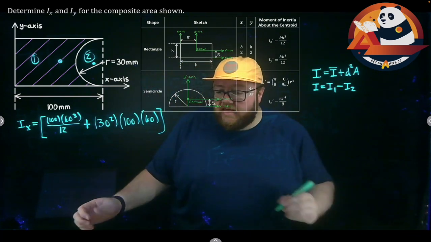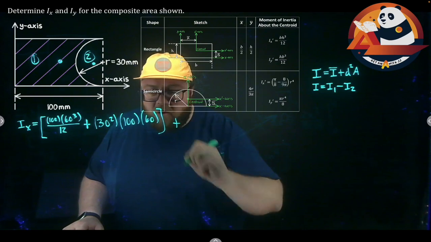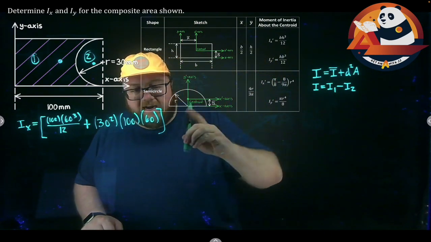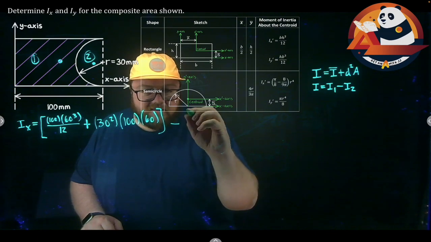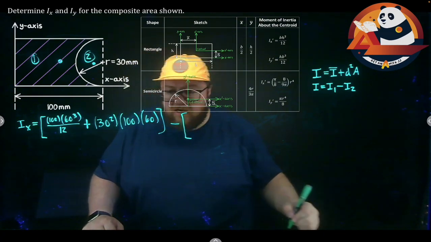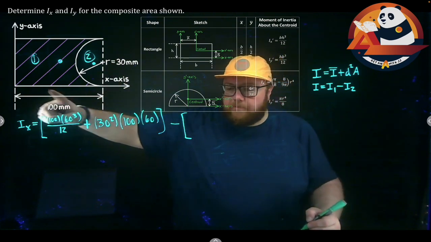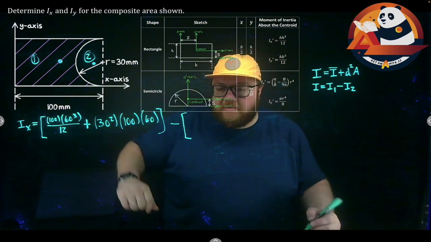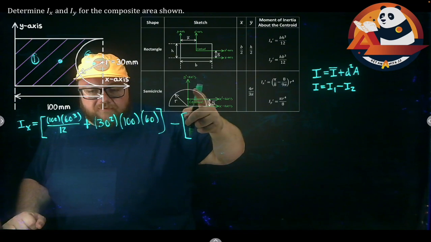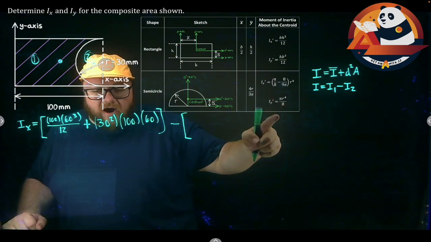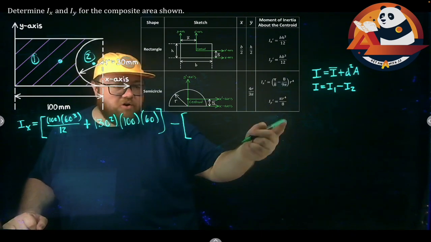I can add into that my moment of inertia for the semicircle, which we know we're actually subtracting because it's negative. So minus my moment of inertia for a semicircle. For x, I go perpendicular to the flat side of the semicircle, and here perpendicular to the flat side is the y dimension. So I'm going to grab Iy, pi r to the 4th over 8.